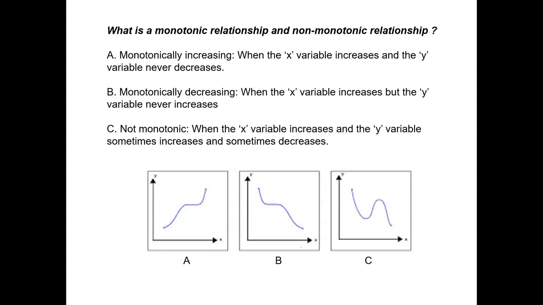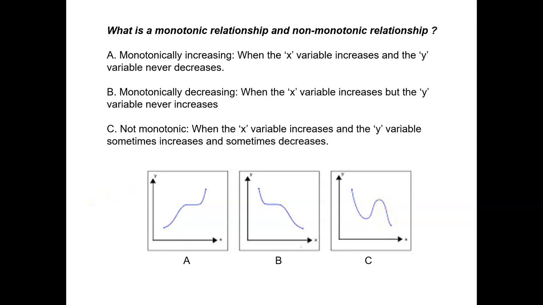Whereas in graph B, when the x variable increases, the y variable never increases. So this is also a monotonic relationship, but a monotonically decreasing one. Now coming to graph C, when the x variable increases, there are multiple occasions when the y variable increases and decreases. Sometimes it increases, sometimes it decreases.